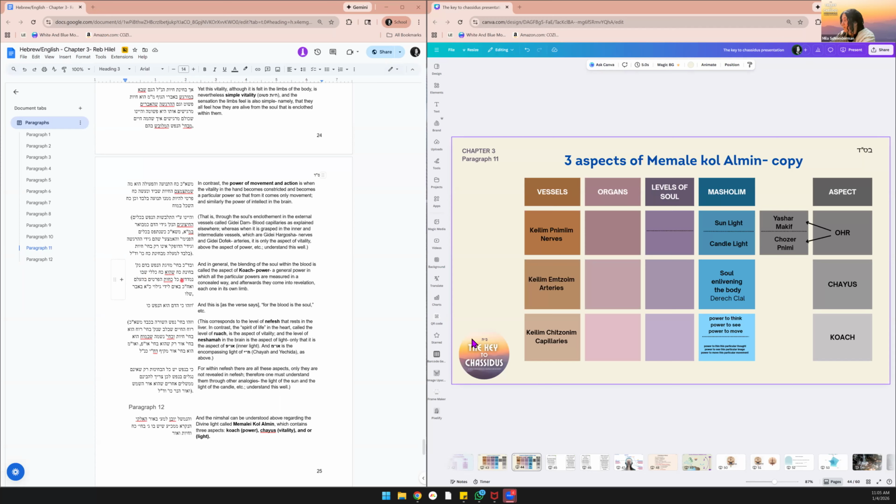Okay, so this is what we're talking about right here, right? The power to think, the power to see, the power to move, all these are general powers. But when I'm thinking a particular thought, when I'm seeing a particular object, or when I'm moving a particular movement, then it becomes even more mitzumtzum. Okay?